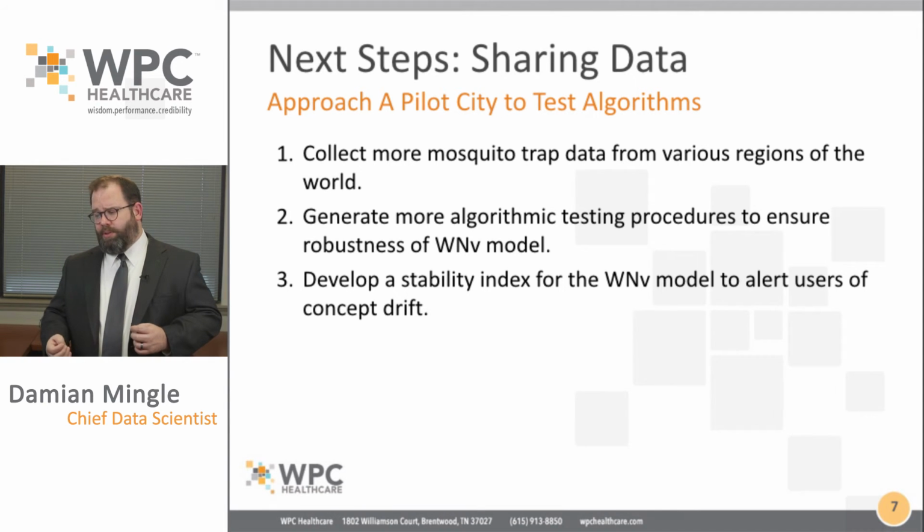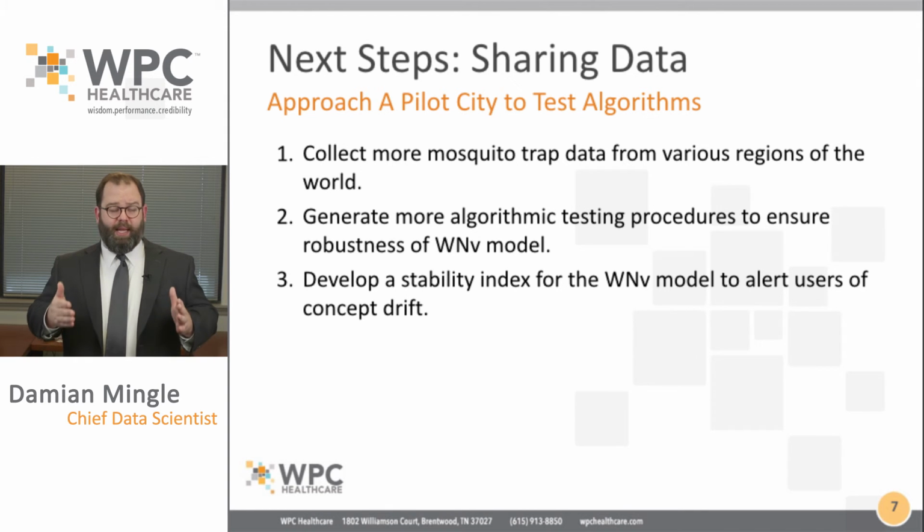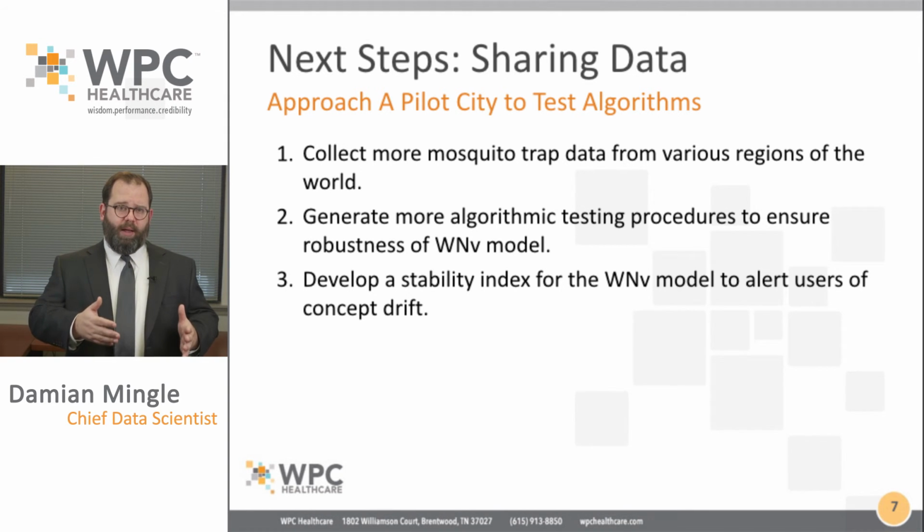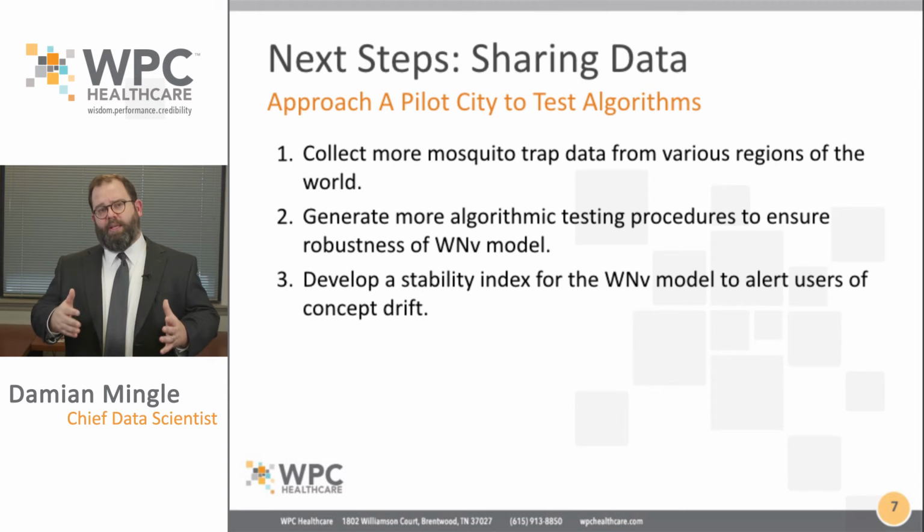Lastly, we would point out, our recommendation would be to develop a stability index for the West Nile virus. This is really important in practice when this is actually being rolled out. The idea there would be that even though we've assessed data at one point in time, we want to keep it general enough so that it applies to other situations.